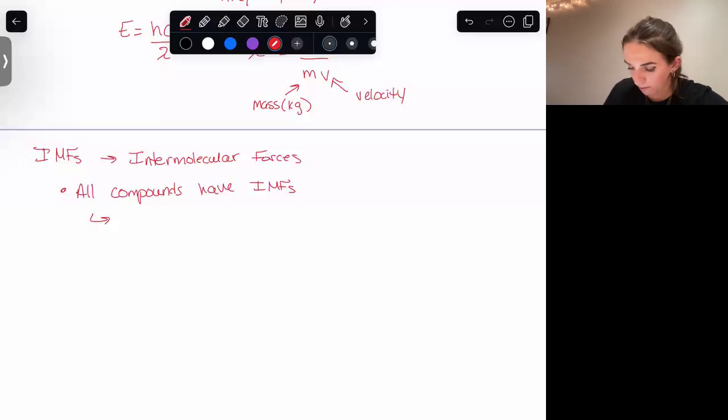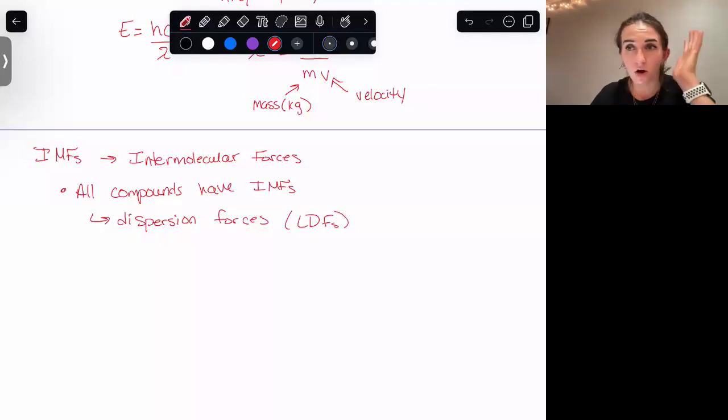Good. This is dispersion forces, or London dispersion forces. Whatever's easier for you. Dispersion forces is great, or sometimes you see them as LDFs. These are for all compounds. Polar, non-polar, hydrogen bonding, doesn't matter, it will have London dispersion forces.